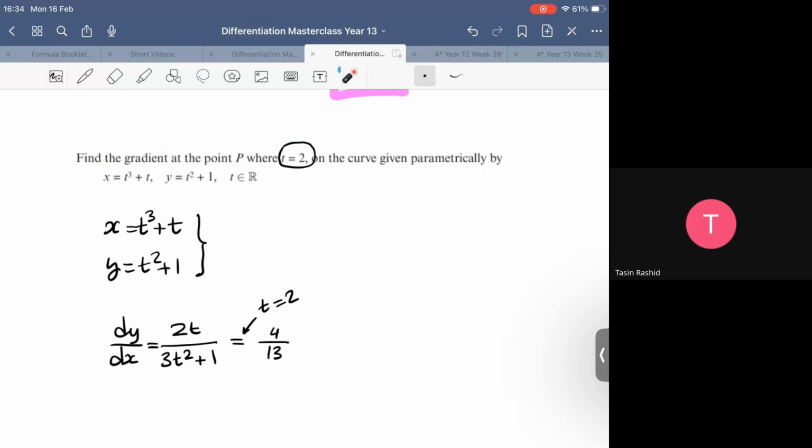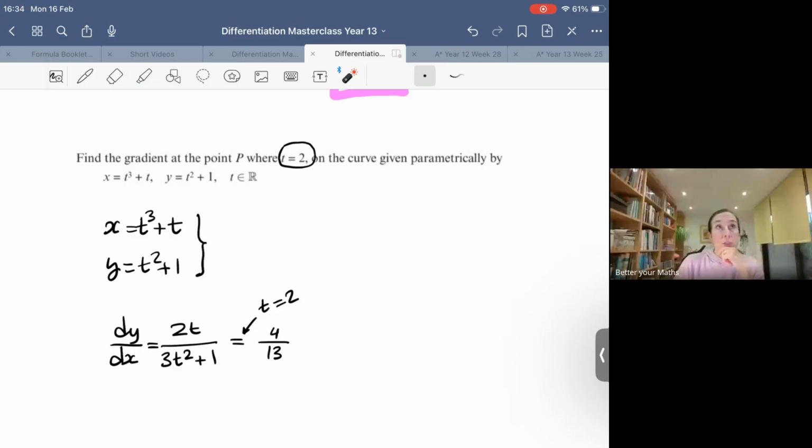Could you not make one Cartesian equation and differentiate like that, or do you have to follow this rule? It depends. If the question first asks you to find the Cartesian equation, for those who haven't seen it, the Cartesian equation is when I eliminate the parameter and then I have my function with x and y.